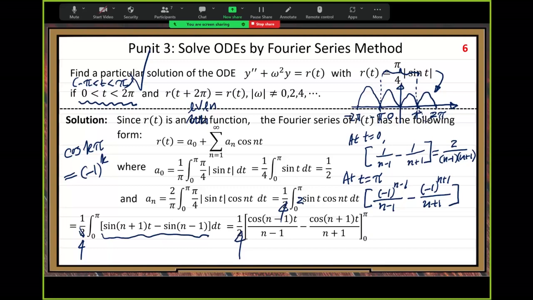So then my simplification is 2 times negative 1 to the n minus 1, over denominator n minus 1, n plus 1.